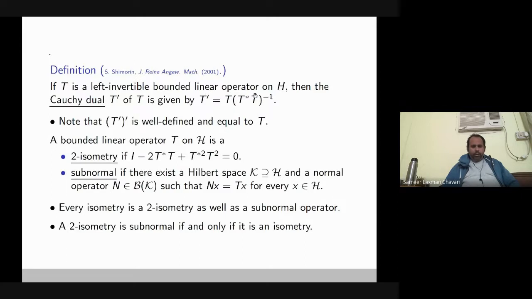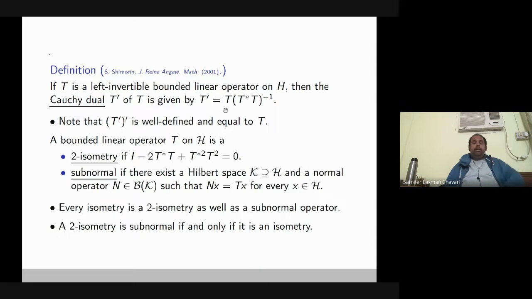If you take the adjoint of this Cauchy dual, you will see that it is a left inverse of T. Another feature of this Cauchy dual is that T' is also left invertible, and if you take the dual of T', that is T'', you get T back.